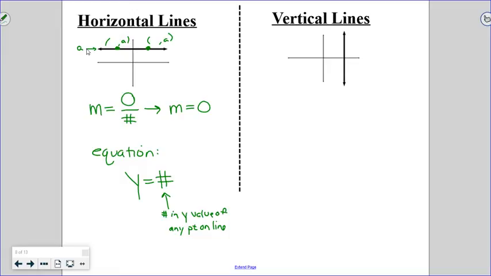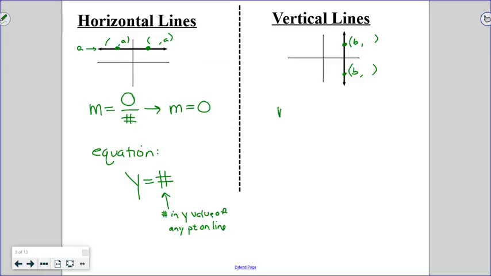Similar discussion for vertical lines, but with vertical lines, I move over the same distance before moving up and down, which means every point on this line moved over the same distance to the right, comma something else to move us up and down on that line. We'd have to go over, say, b, whatever that is. And that would be our x value.